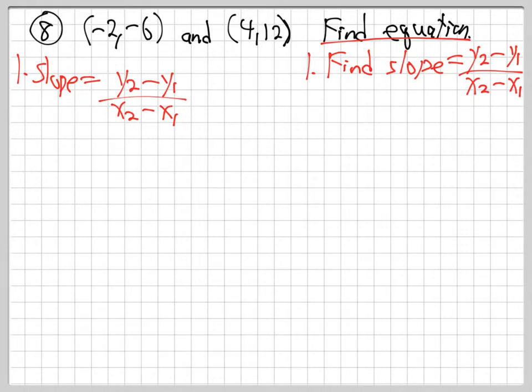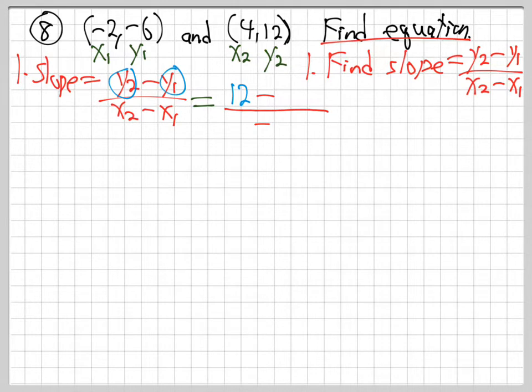All right, so can you do that part first? Might be helpful to write in x1, y1, x2, y2, right? First point's x and y value, second point's x and y value. And so the slope will end up becoming, well, we're going to have a minus in the middle between these guys. And we're going to have y2, which is the 12, minus y1, which is the minus 6.